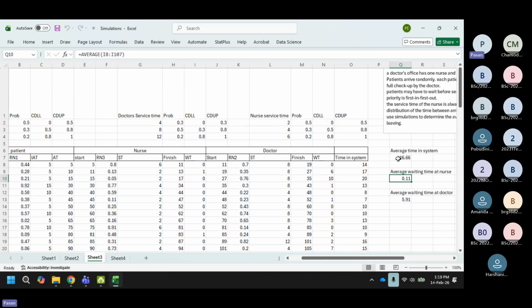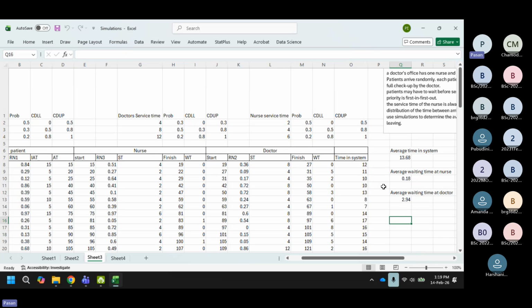You can see it is much smaller than the previous one. And if you even press F9 here, you can see it is getting much smaller numbers compared to the previous one. So that makes sense.